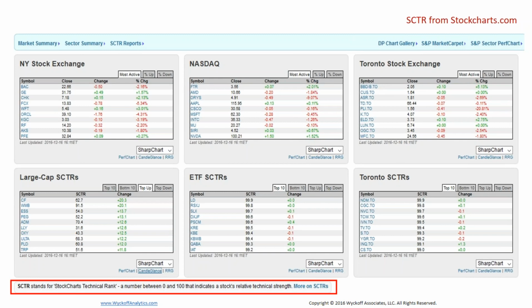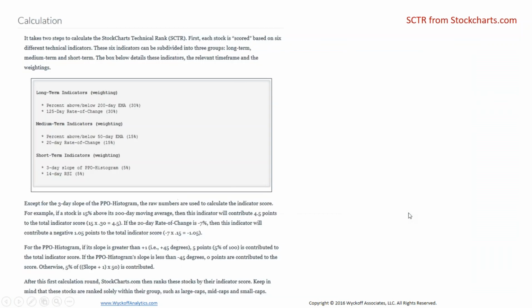I also like to look at Scooters on StockCharts, and Scooters actually is a fascinating ranking tool, and I put here a definition for the Scooters, how they look at this. And let's quickly look at the formula here. So they have long-term indicators, which define a specific percent of stocks that are above the 200 moving average.